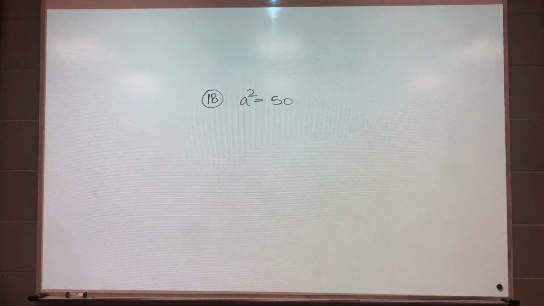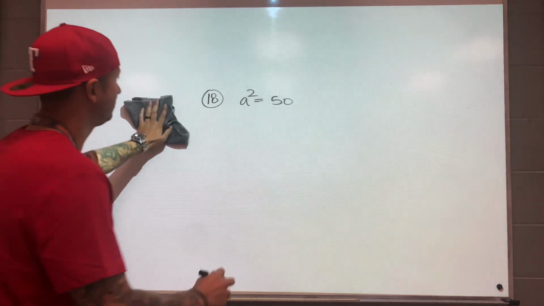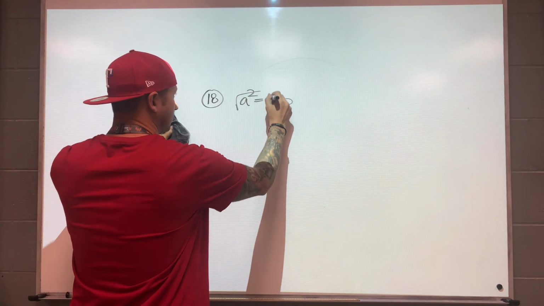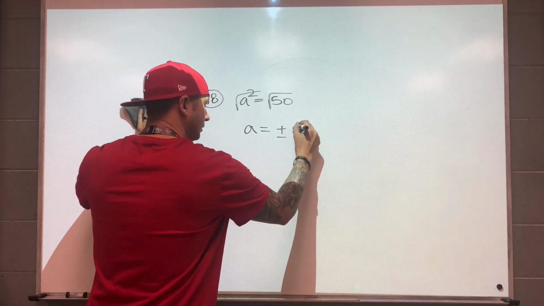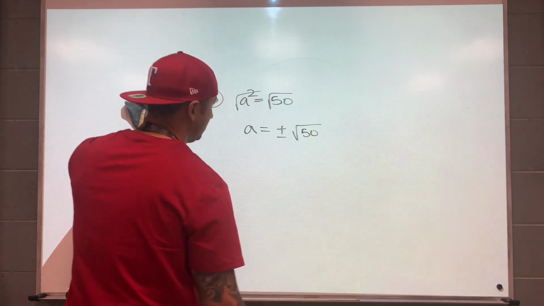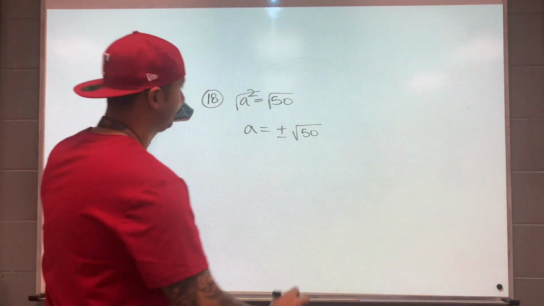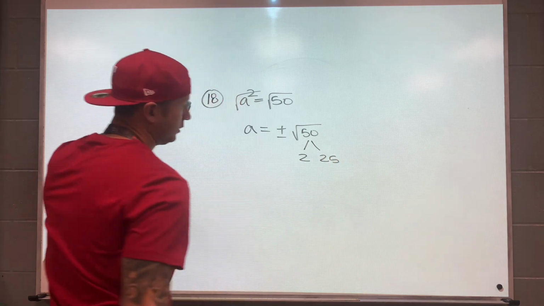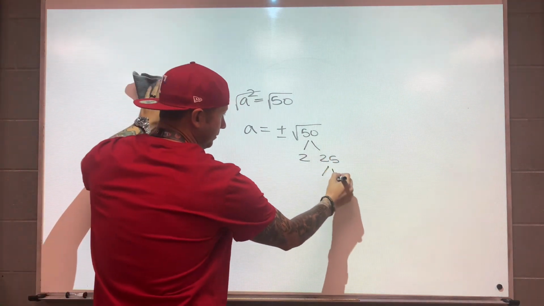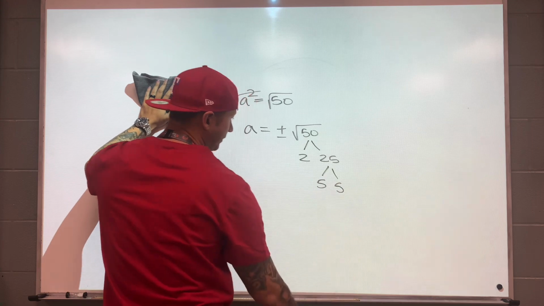Number 18, a squared equals 50. All right, square root of both sides. Plus or minus square root of 50. Simplify 50. 25 is a perfect square, 5 times 5.